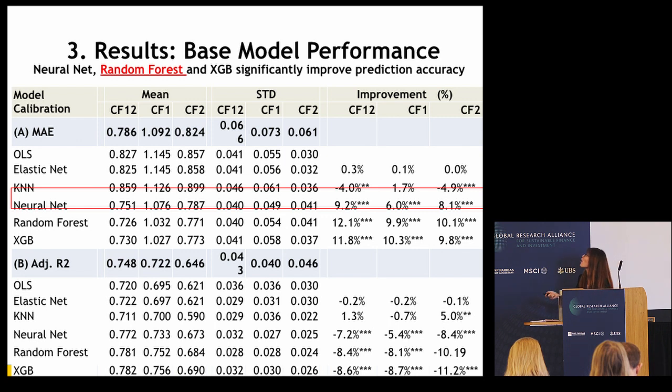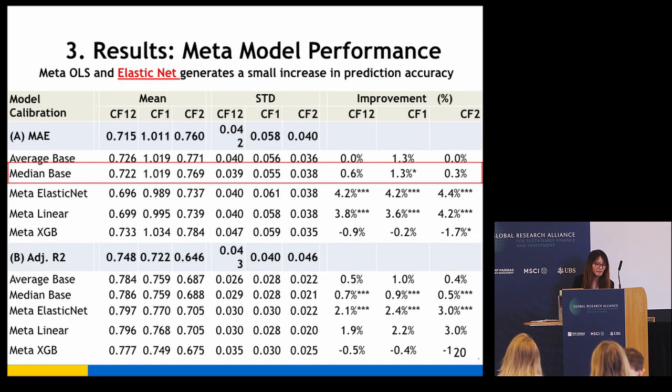Then with the base models, we see that if we carefully tune the hyperparameters, it can also reduce the prediction error. The best models here are the decision tree ensembles, random forest and extra trees. Both of them improve the prediction accuracy by 10% to 12% for each of the scopes. We also have a similar result for the meta model.